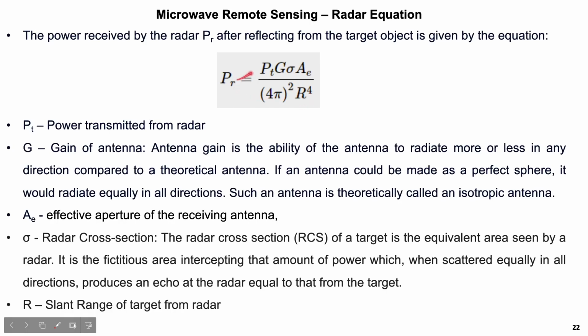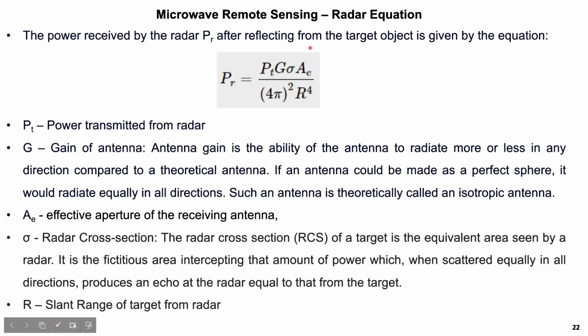So if you see here, if you want to receive, if your range needs to be very high, it depends on your transmitting power. If your transmitting power is high, your range is going to be high because it is directly proportional, and it also depends on the radar cross section.